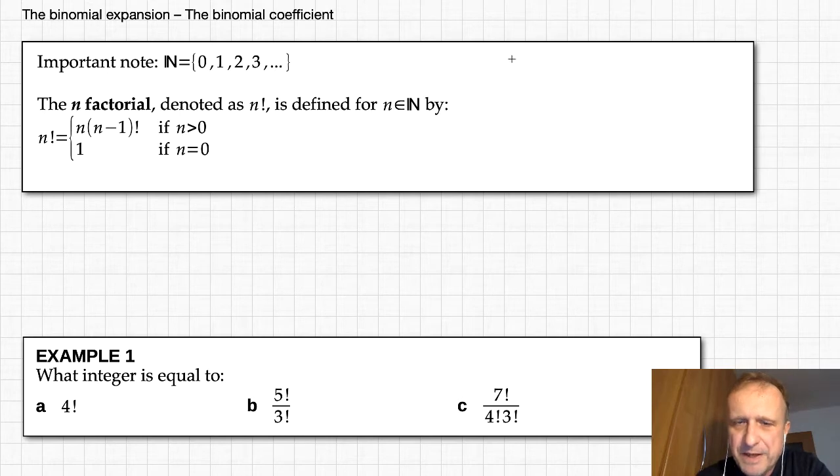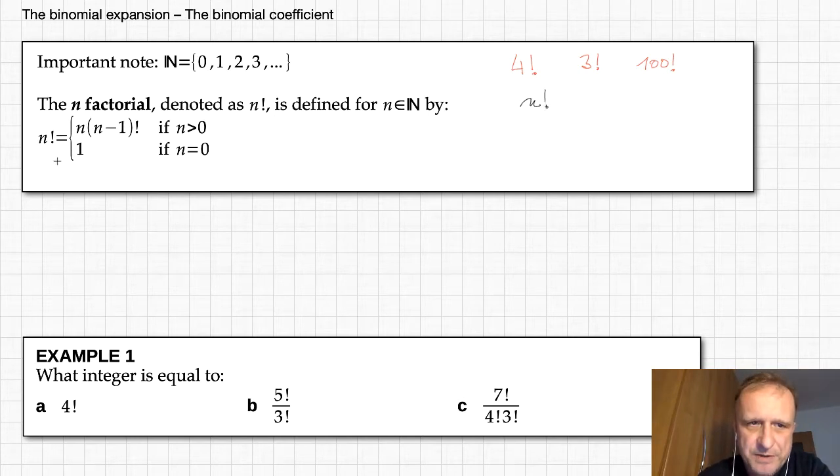For example, let us consider 4 factorial, or 3 factorial, or 100 factorial. This is how we read such numbers. So you say the number and then say factorial. In general, you can have n factorial. Okay, so what is the n factorial?